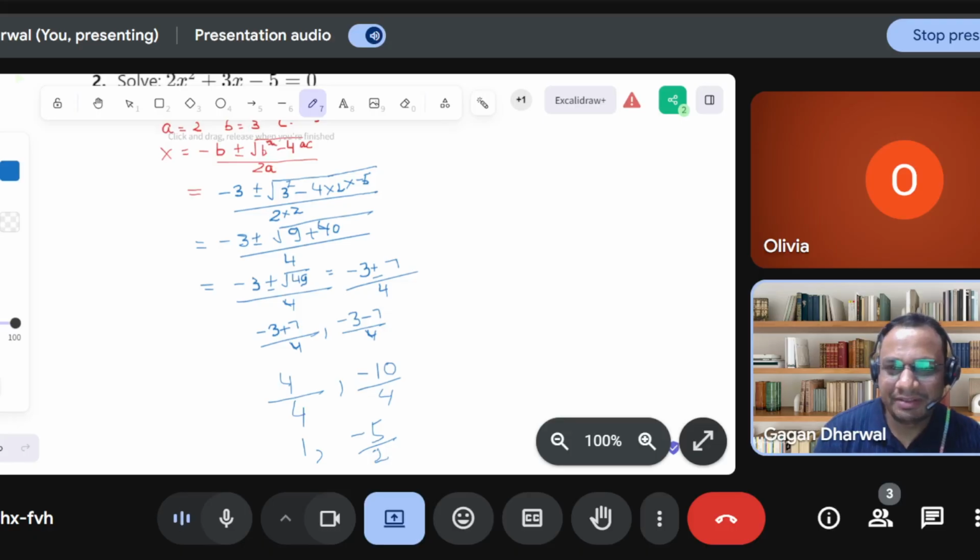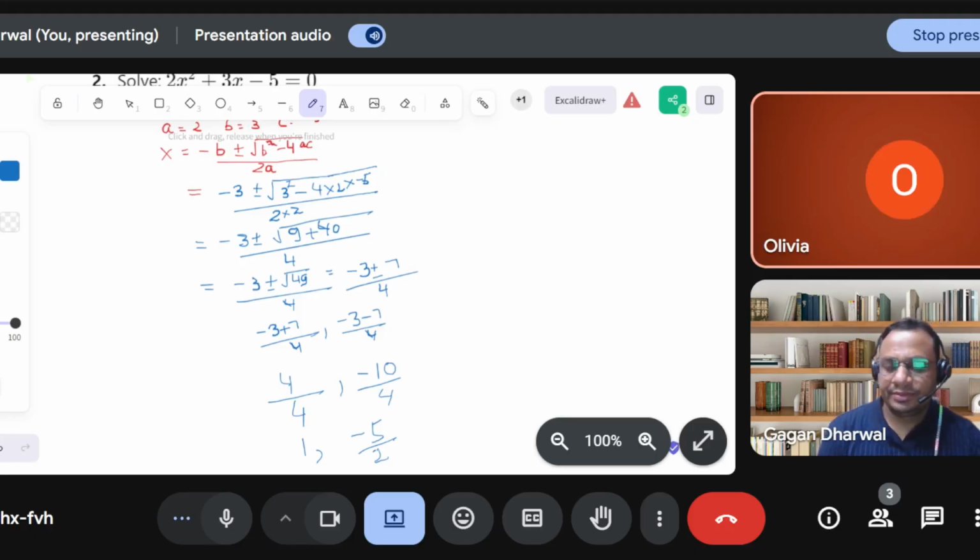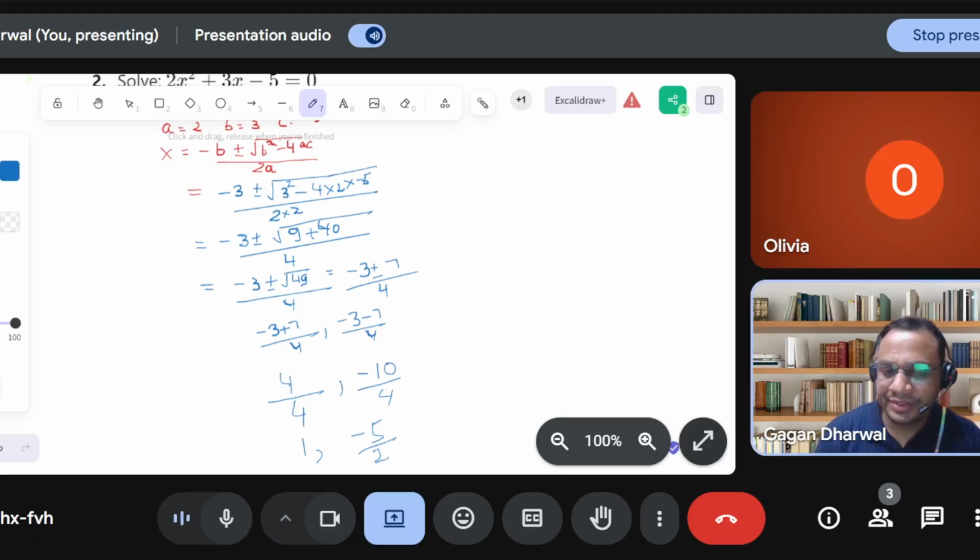This is what I got. I plugged in the values of the respective a, b, and c in the quadratic formula. a was 2, b was 3, c was minus 5. The discriminant came out to be 49, right? The square root of 49 is 7, so minus 3 plus or minus 7 upon 4.